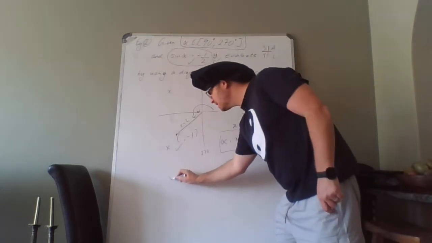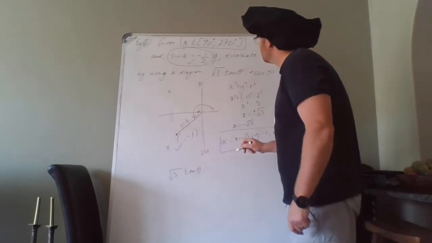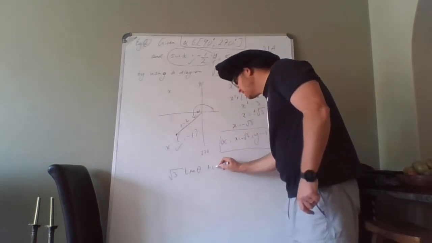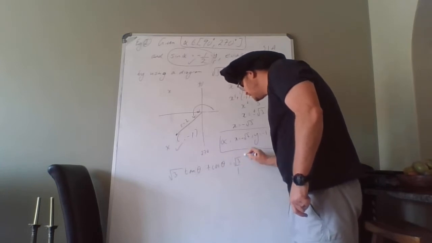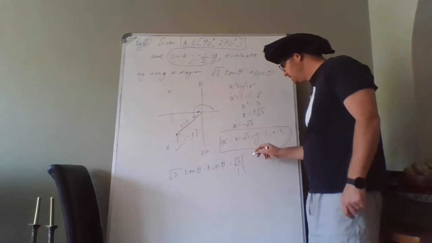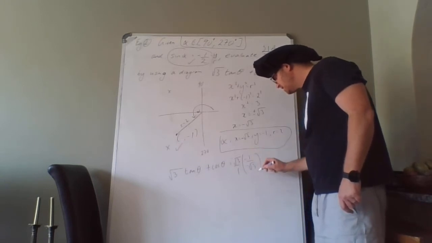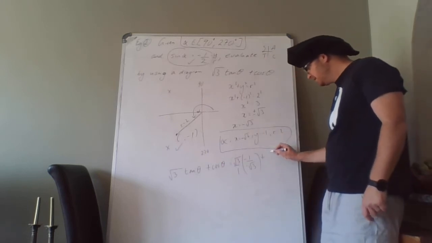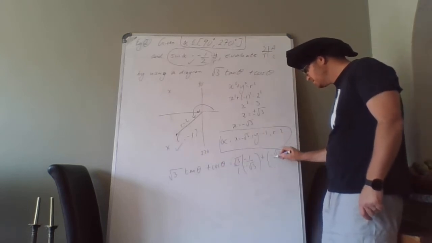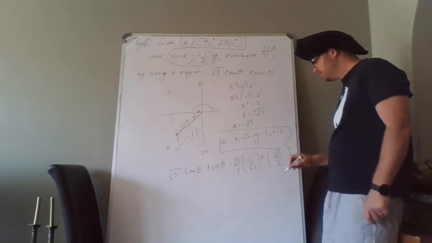The question is go work out root 3 tan theta plus cos theta. So it'll be equal to root 3, which is root 3 over 1, times tan, which is y over x, which will be negative 1 over negative root 3, plus cos theta, which is x over r, which is negative root 3 over 2.